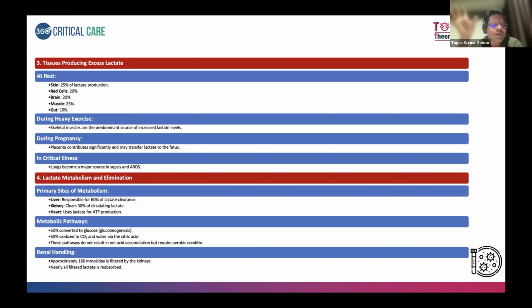Now, renal handling: almost 180 millimole per day of lactate is filtered by the kidneys, and nearly all filtered lactate is reabsorbed. So you should not think that lactate is not produced in normal physiological conditions; rather, our liver and kidney are so efficient that they metabolize lactate to a great extent. That's why we do not get hyperlactatemia in our clinical state.